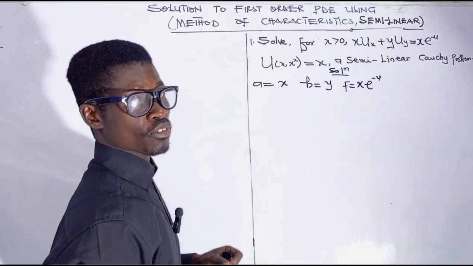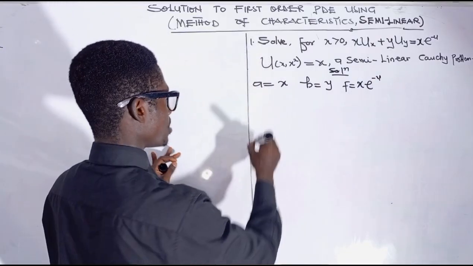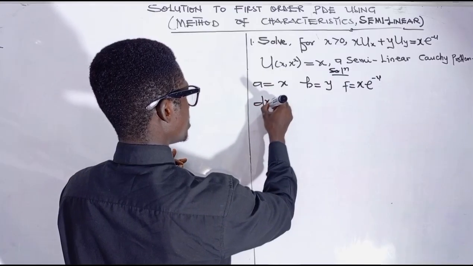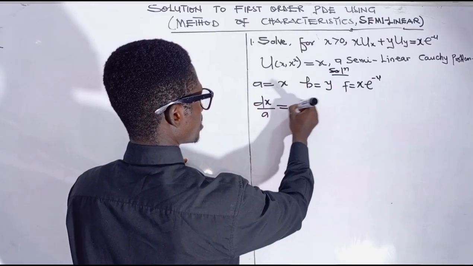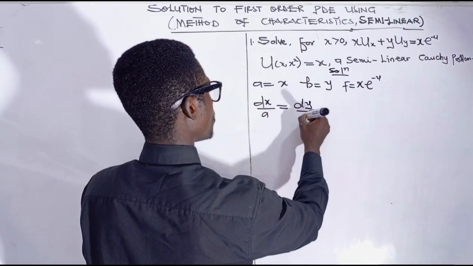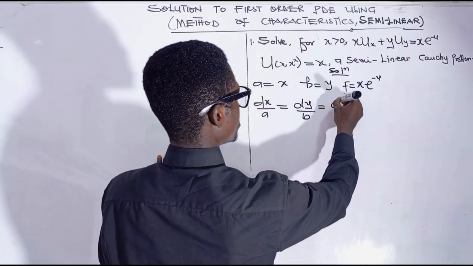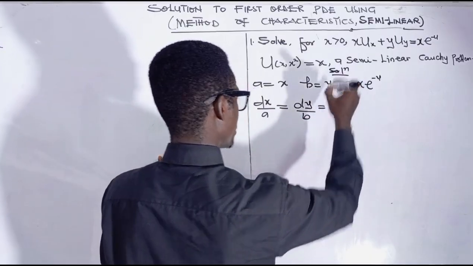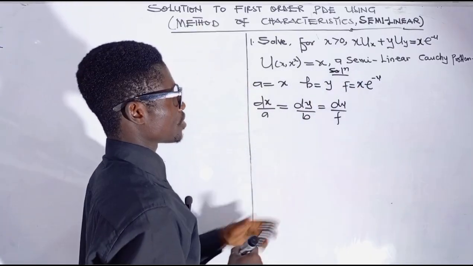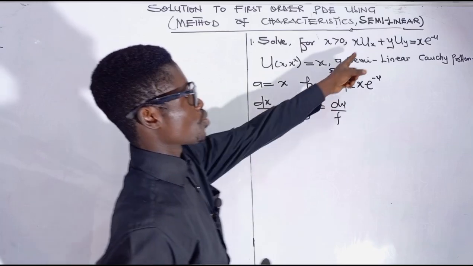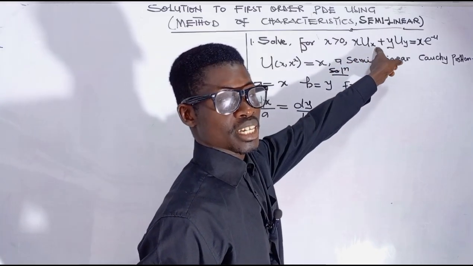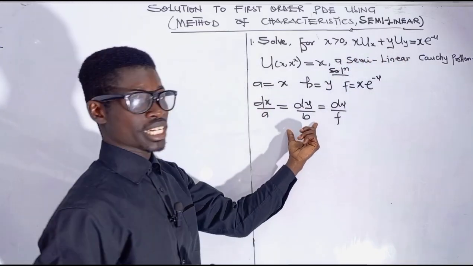Now once we have this, we form the characteristics equation, which is giving us dx all over A is equal to dy all over B is equal to du all over what? F. Very, very easy.